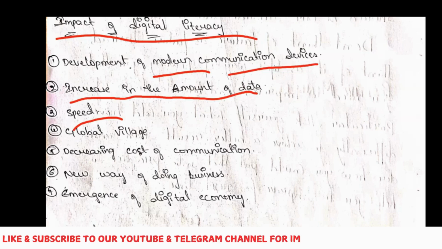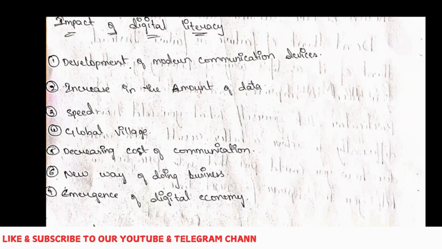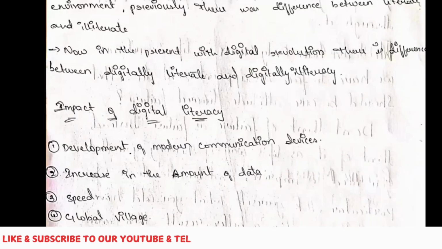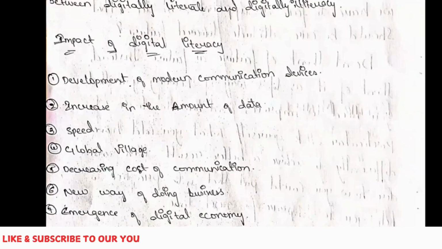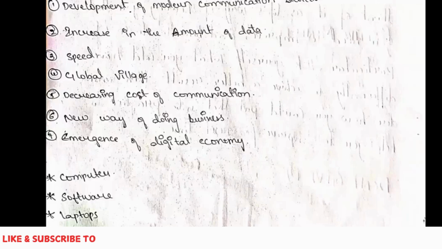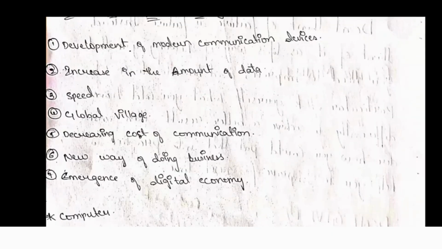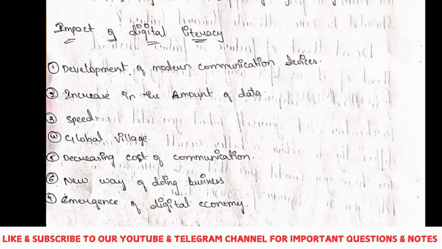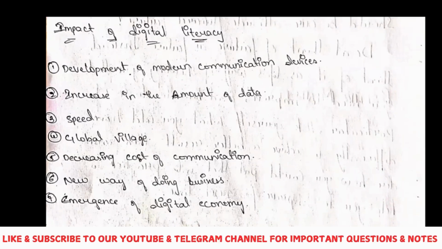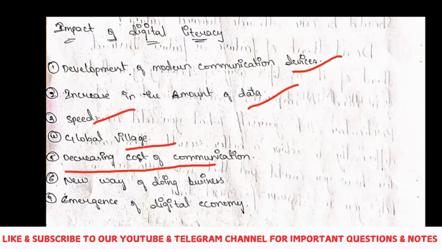What is the impact of that literacy? Let's see. Development of modern communication devices. Yes, our development depends on digital literacy, and increase in the amount of data and speed, and global village, and decreasing cost of communication, new way of doing business, and emergence of a digital economy.